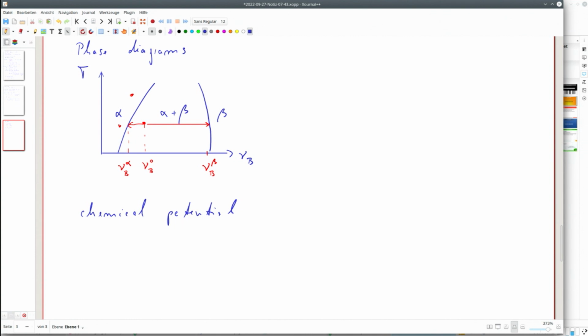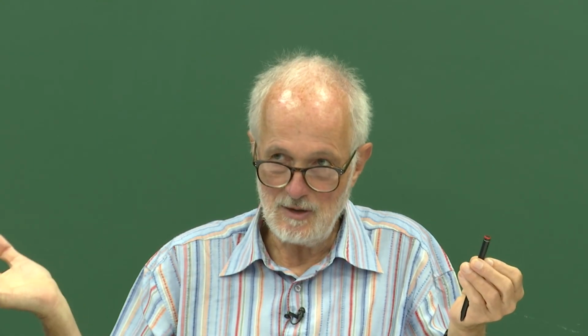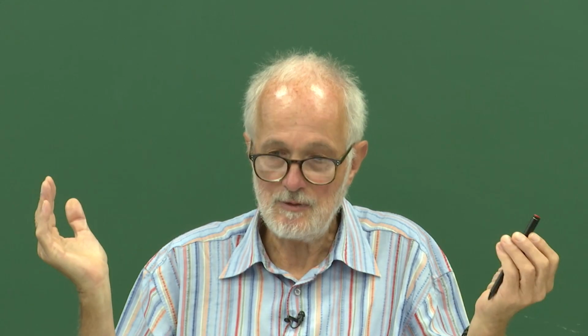So we have the equilibrium between this composition and this composition if the chemical potential, say, of the B atoms equals the chemical potential of the B atoms in the beta phase. And basically this is because it gives you no energy if you put a B atom from the alpha phase into the beta phase or vice versa. Then they are in equilibrium.